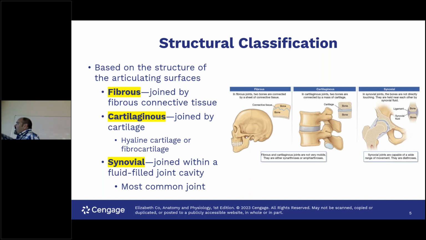So you're seeing here, in that cartilaginous joint in the middle, it's an intervertebral disc. That is fibrocartilage joining those two vertebral bodies, right? Fibrocartilage, very strong, durable cartilage. Hyaline cartilage or fibrocartilage regarding cartilaginous joints. So these are, again, structural classifications.